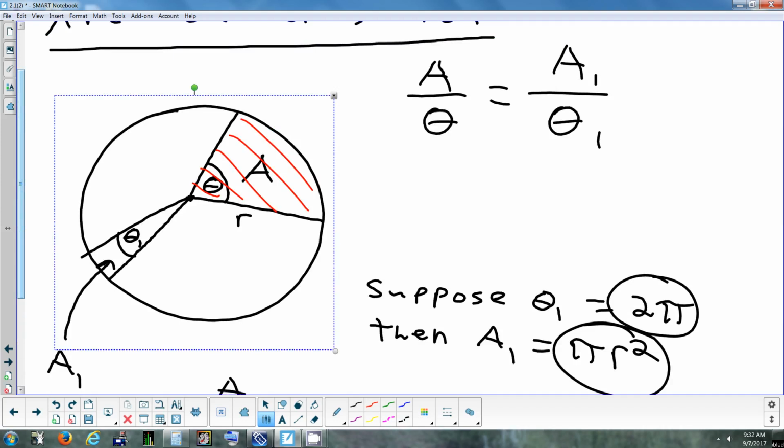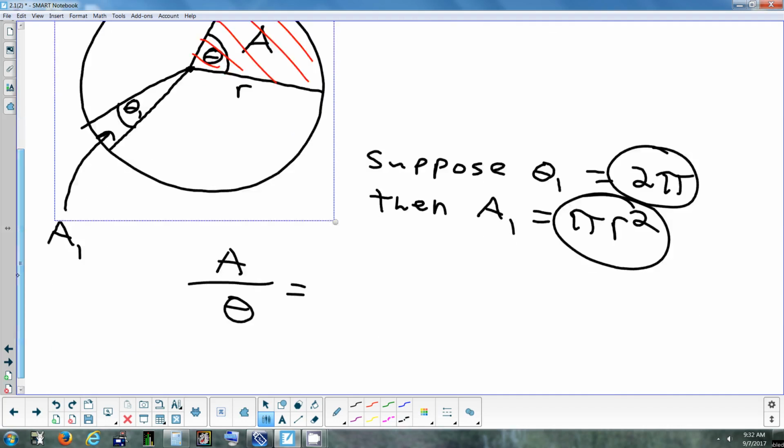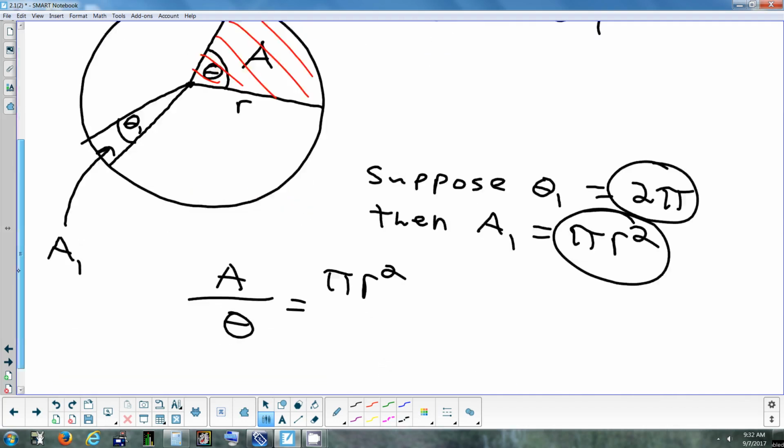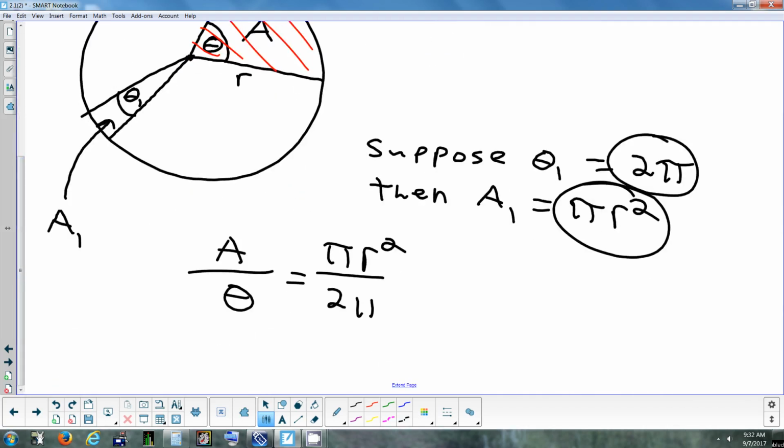So area 1 is pi r squared. And theta 1 is 2 pi. Anything I can cancel out before I cross multiply? Can you cancel out one of the pi's? Yeah, you can cancel out one of the pi's in the top and one in the bottom. And that's pretty much all we can do. Now we cross multiply.